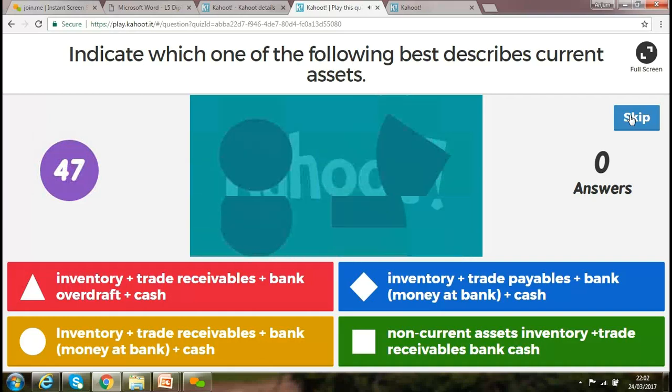Which statement do you think is correct? Let's see. Cash, prepaid expenses, accounts receivable.